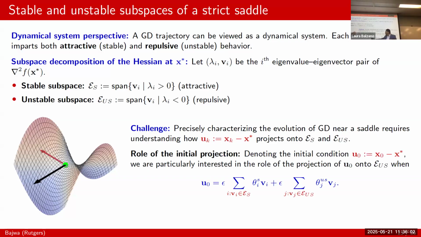My initial vector is sitting at epsilon distance, and I write it down in terms of my stable and unstable subspaces. The whole game is, what is the contribution of this? Because this is what's going to push me away from the saddle neighborhood. This is the projection of your initial vector onto your unstable subspace. If this projection is 0, you have no hope. But the question is, to get linear escape, how big does this projection need to be? Okay?